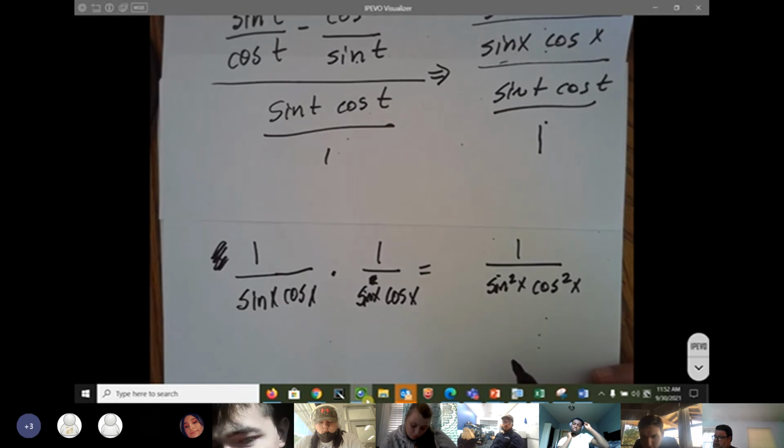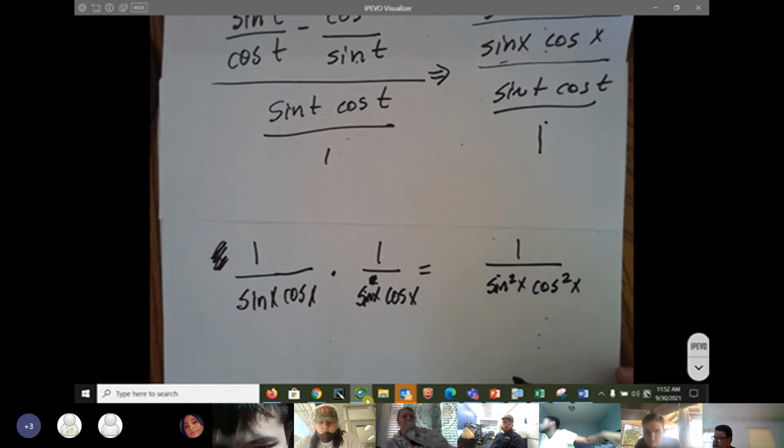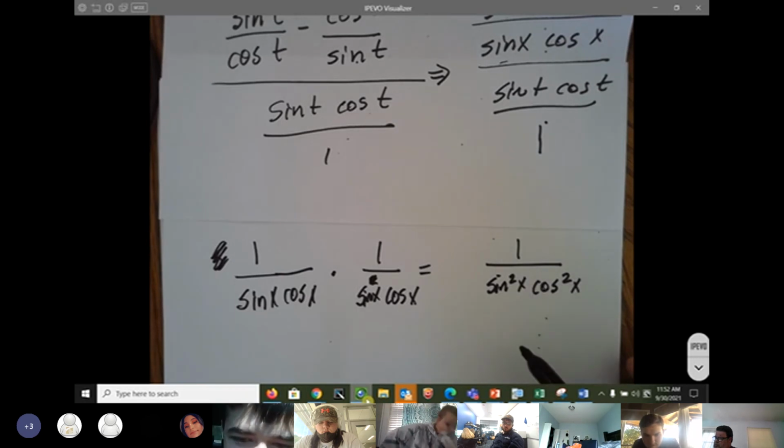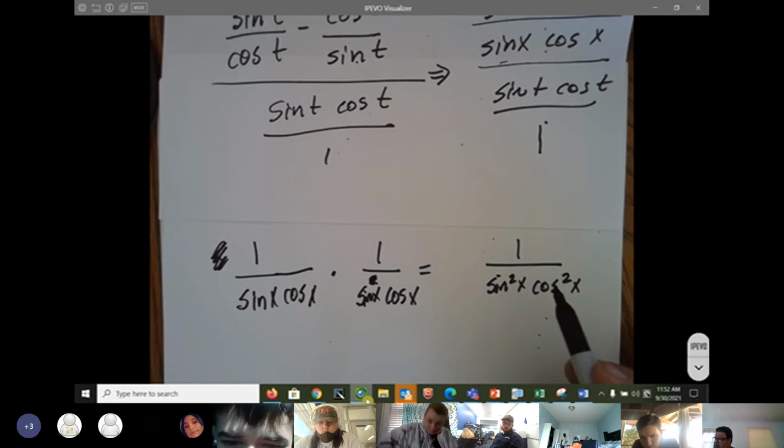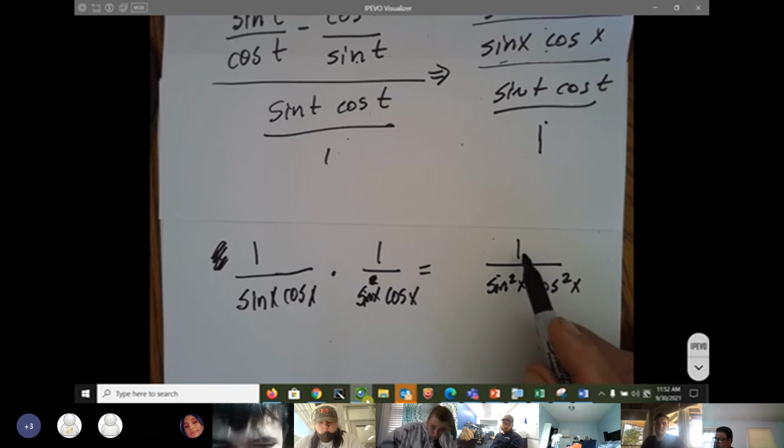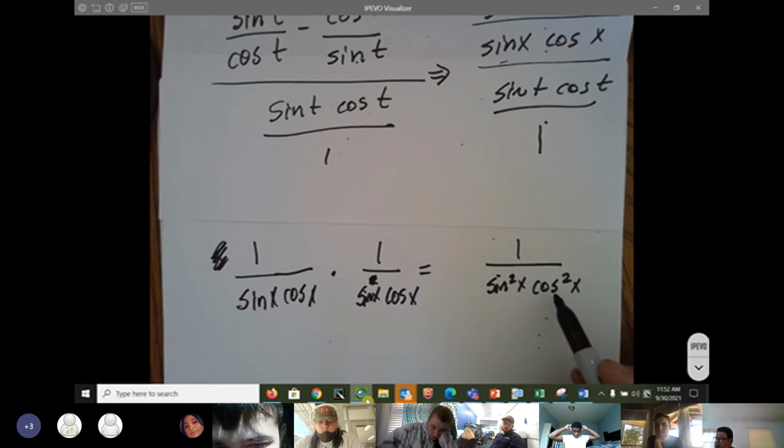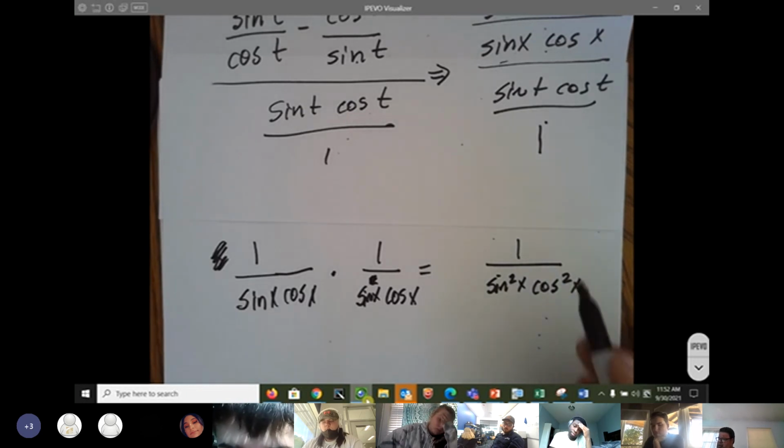That doesn't look like what we need. Wait a minute. 1 over sine squared. Is that not just 1? 1 over cosine squared is secant. Yeah, multiplied, but it should be minus.